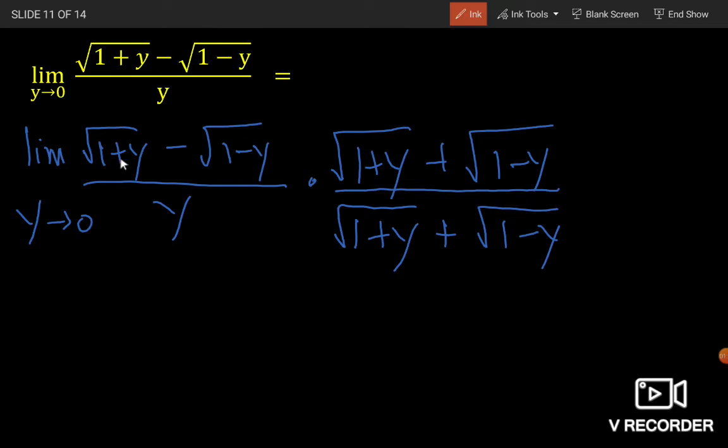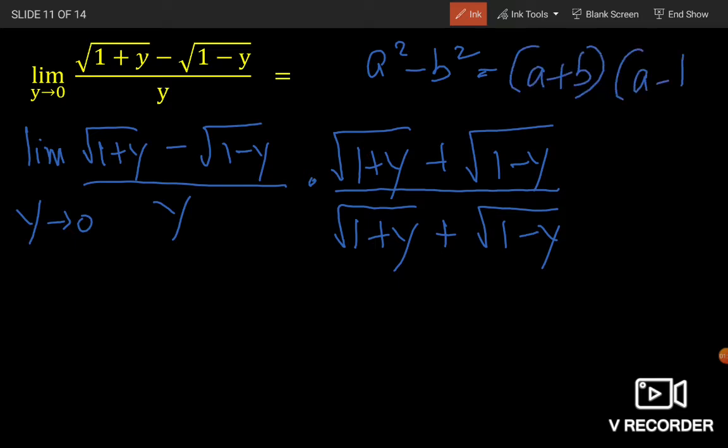Now, when we multiply this term by its conjugate, this is similar to, if you recall, the difference of squares: a squared minus b squared is equal to a plus b multiplied by a minus b. Let me illustrate this further.